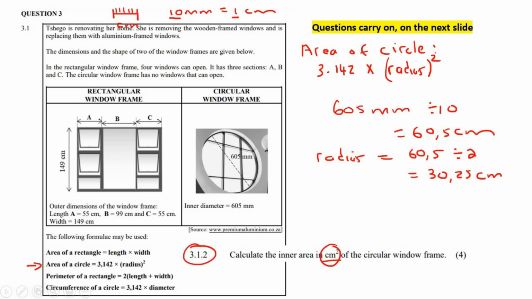That is the radius. Now we can use our formula. So we can say 3.142 multiplied by 30.25 to the power of 2. Ooh, it's quite a big number, 2875. Now we're going to round that to 2 decimal places, 0.13. Now we are measuring area, so that's why we must use to the power of 2.